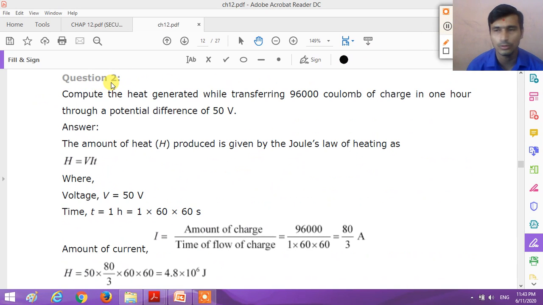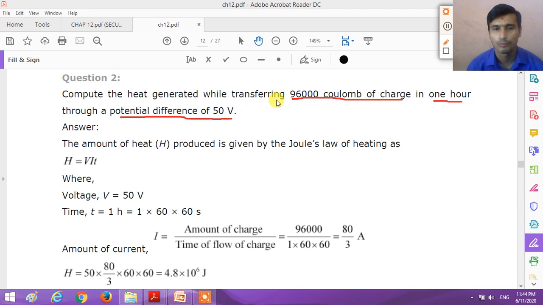Question 2 on page 218. Compute the heat generated while transferring 96,000 coulomb of charge in 1 hour through a potential difference of 50 volt. Here the amount of electric charge is given to you, 96,000 coulomb, and the time is given, 1 hour. What amount of heat will be generated by transferring 96,000 coulomb of charge in 1 hour through a potential difference of 50 volt?